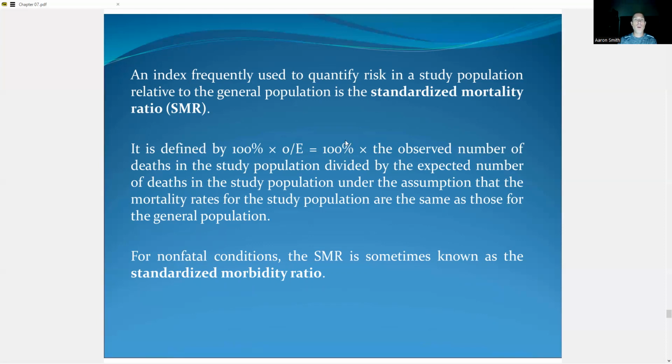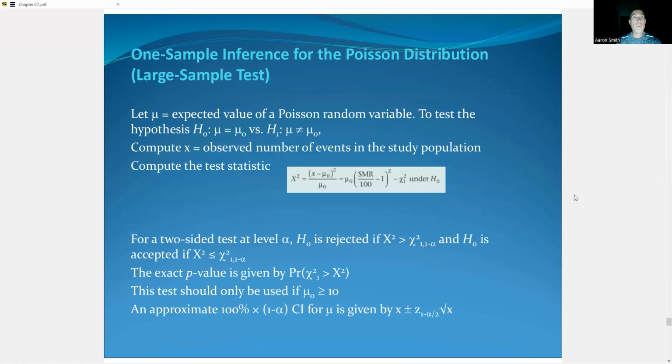So the observed number of deaths in the study population divided by the expected number of deaths in the study population under the assumption that the mortality rates for the study population are the same as those for the general population. For non-fatal conditions, the standardized mortality ratio is sometimes known as the standardized morbidity ratio. For this type of work, we will be using the Poisson distribution heavily.